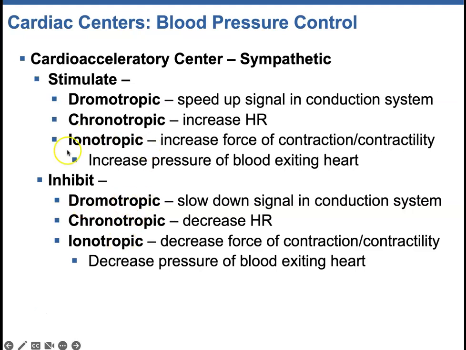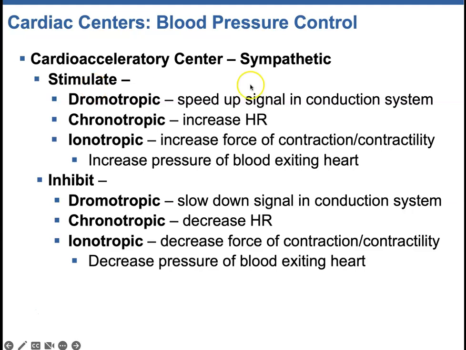But if you inhibit sympathetic, that means the dromotropic slows down, which is the signal; chronotropic decreases, so heart rate goes down; and inotropic means the contractility of the heart decreases. So what has happened here is if you inhibit the sympathetic response, things become parasympathetic.